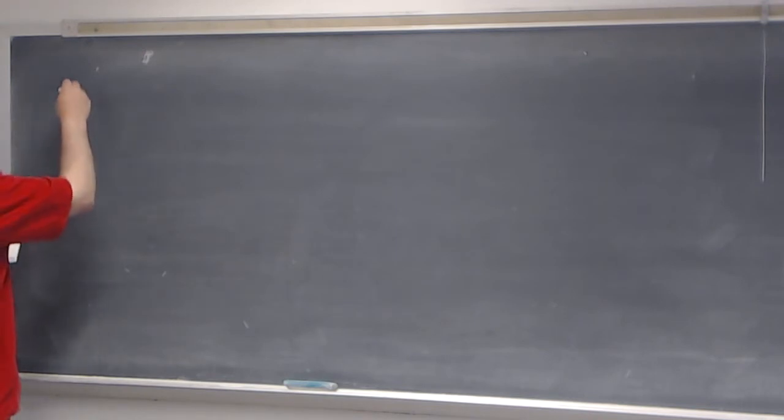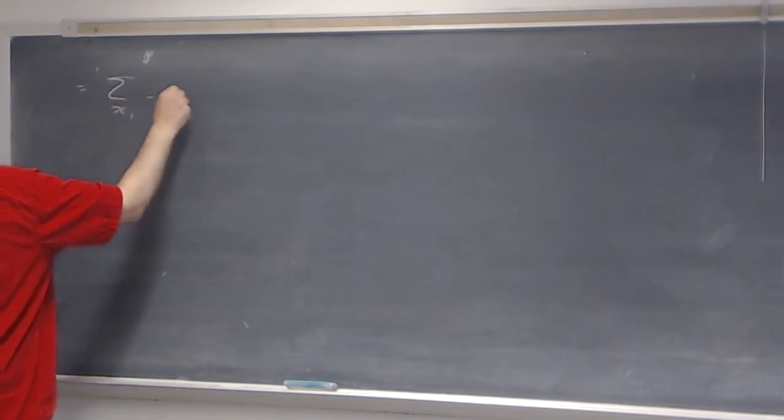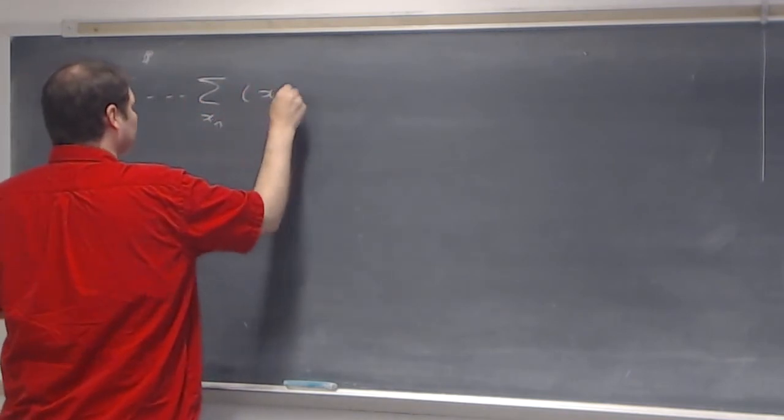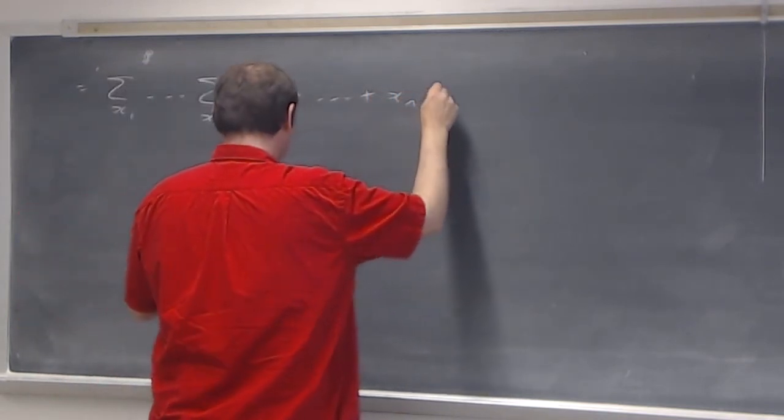And what we're going to get is that's equal to the sum over x of 1's, continuing up to the sum over x of little n, of x of 1 plus all the way up to x of little n.